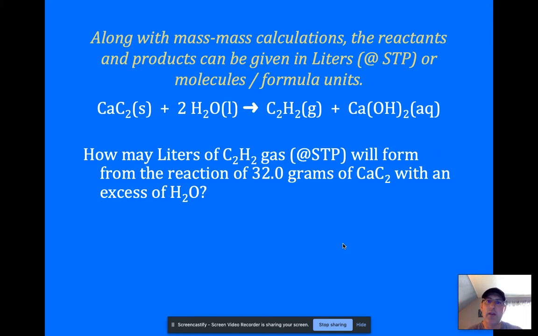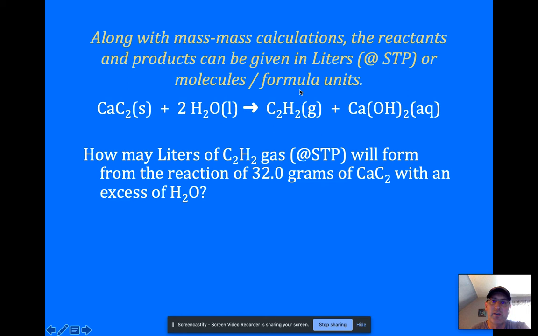Molecules are when you have a covalently bonded compound, usually all nonmetals, like CO2, H2O, CH4. And formula units is the name we use for ionic substances like NaCl or KNO3. That's the only difference there.